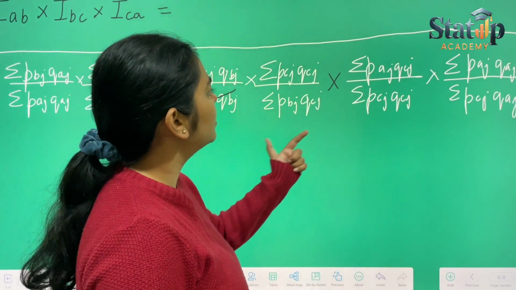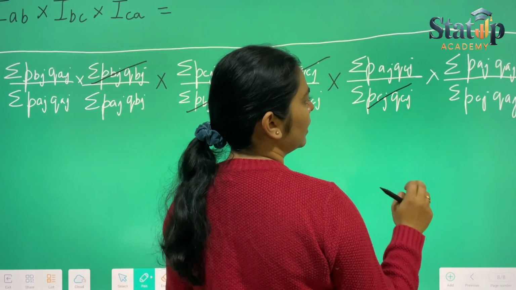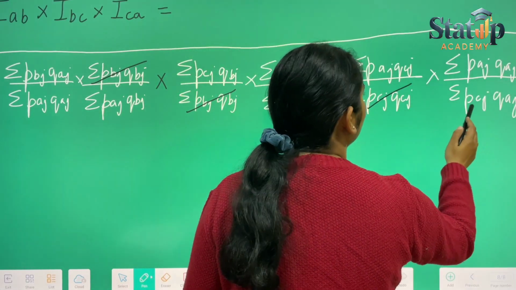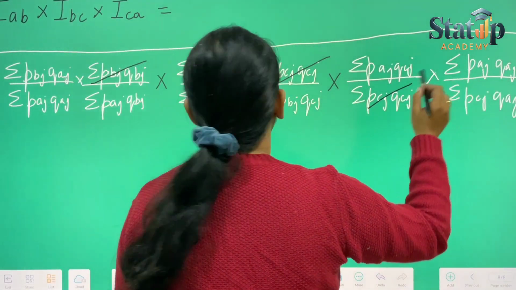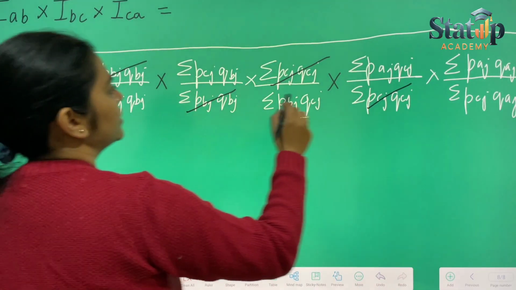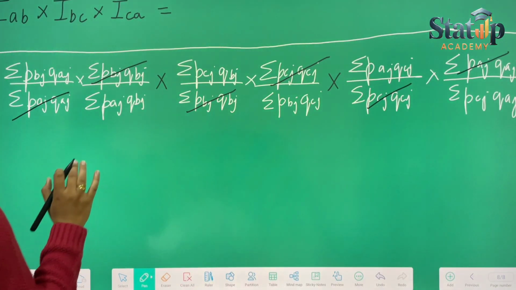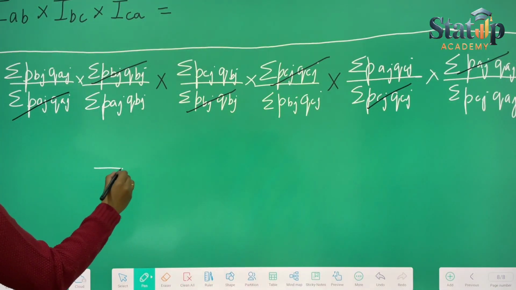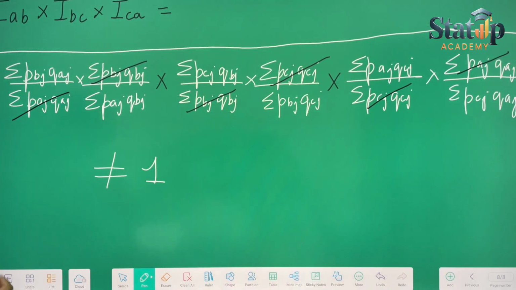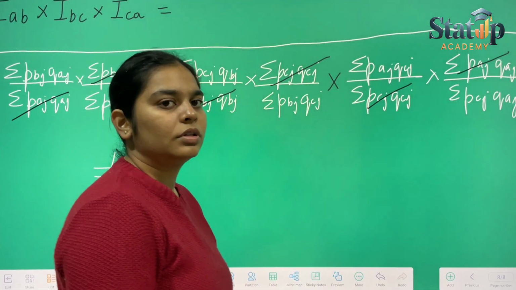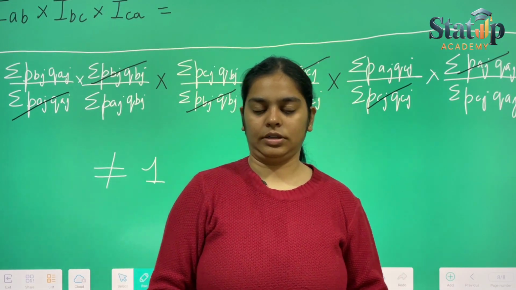PC and QC get cancelled with this. PA and QC, there is nothing like that. PA and QA, this and this get cancelled. So we are left with the sum of the root terms, which is not equal to 1 and cannot be cut down. So hence we can say that Fisher's index number does not satisfy the circular test.